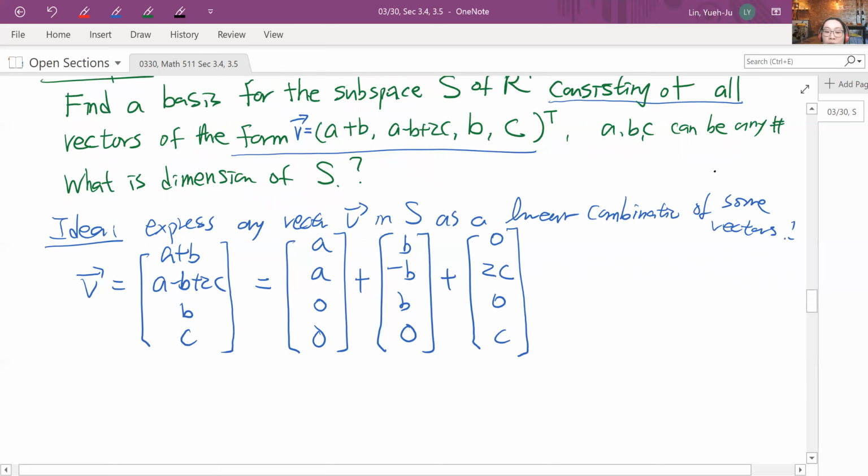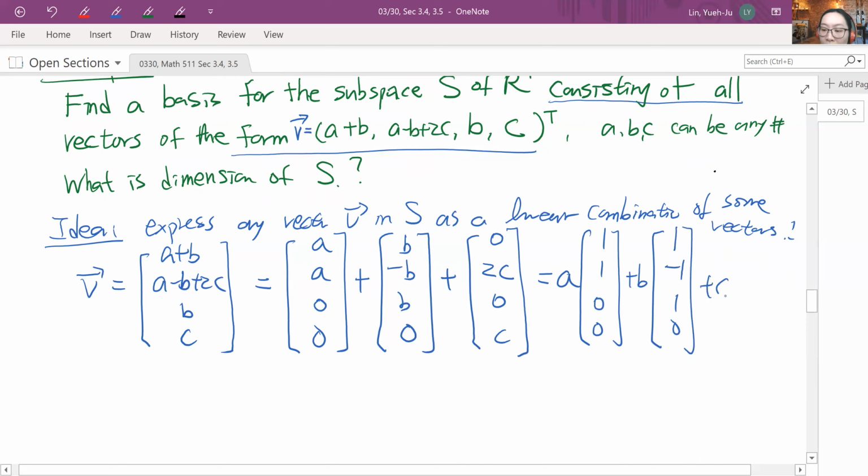So now if you factor out a, the first one is (1, 1, 0, 0). And the second one, if you factor out b, is (1, -1, 1, 0). And the last one is c times (0, 2, 0, 1). And a, b, c can be any number.